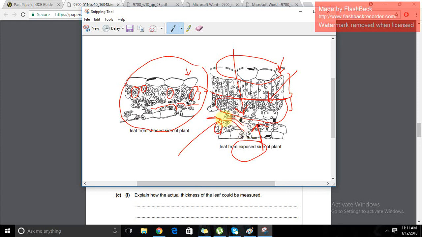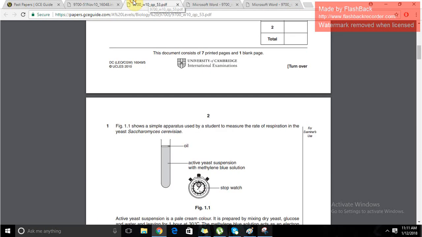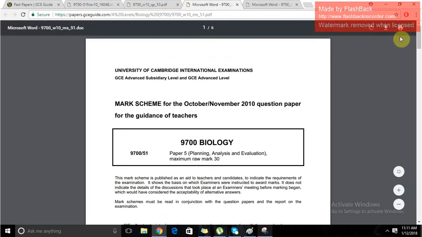And we may also say that there is less intercellular space because we want to reduce transpiration, because there's a lot of transpiration over here. There isn't much transpiration over there, so even if we have a lot of intercellular spaces, there isn't much water loss, and the plant isn't gravely dehydrated.